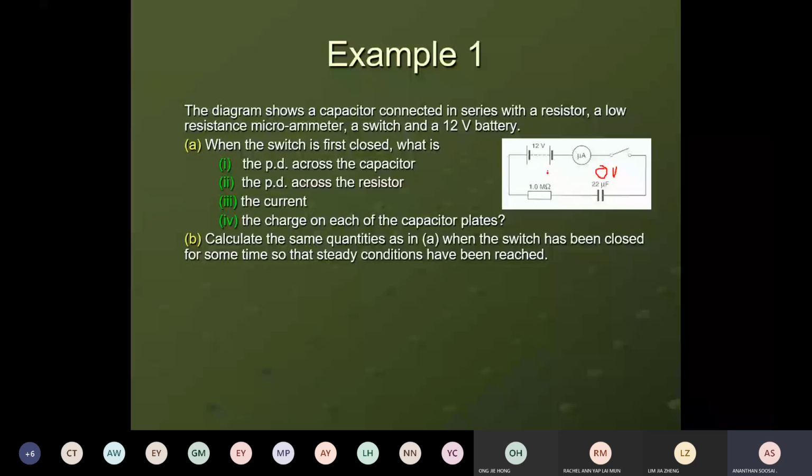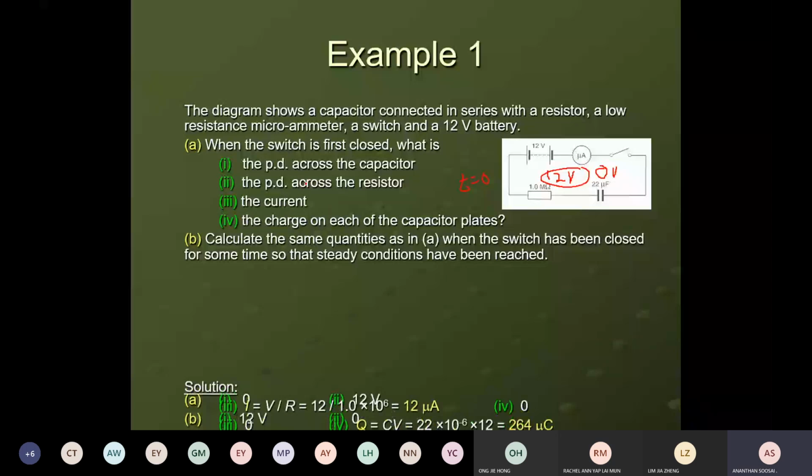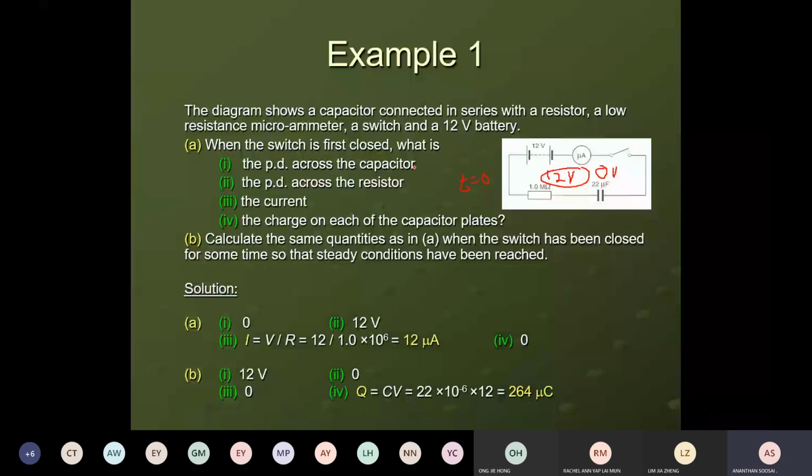So the resistor takes all the voltage, 12 volt, at the beginning. When the time is 0, the resistor takes all the voltage and the capacitor takes 0 volt. So the answer is the first one: the PD across the capacitor will be 0, because it hasn't charged yet, and the resistor takes all 12 volt.